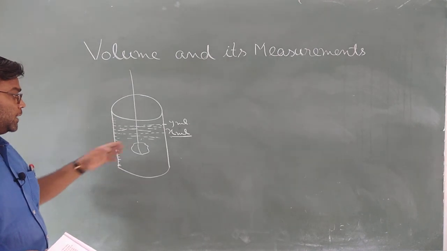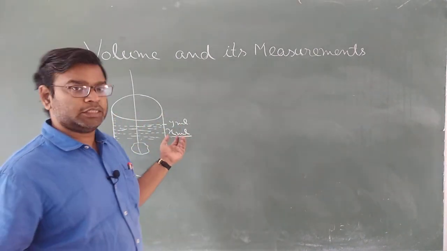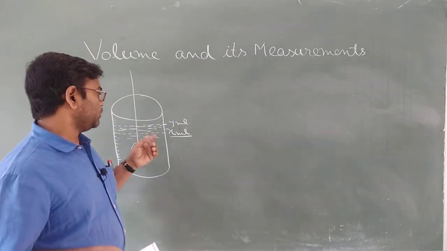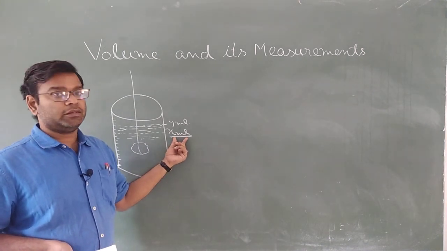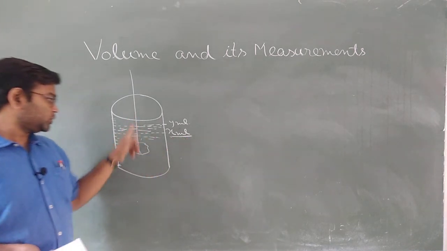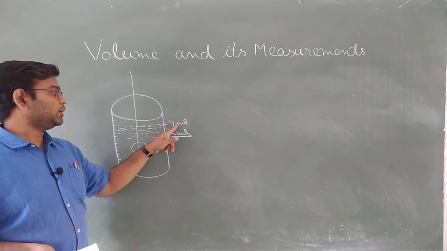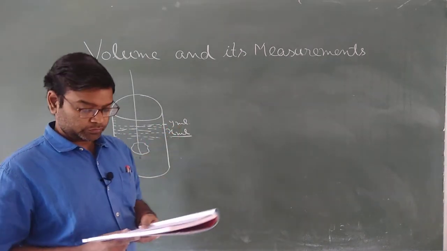Now, one is x milliliter, the other is y milliliter, or you can say x cc and y cc, it depends on you. The main thing is, first we note down the initial level of water in the cylinder, then we insert the stone using some thread, and then note down the final level of water.